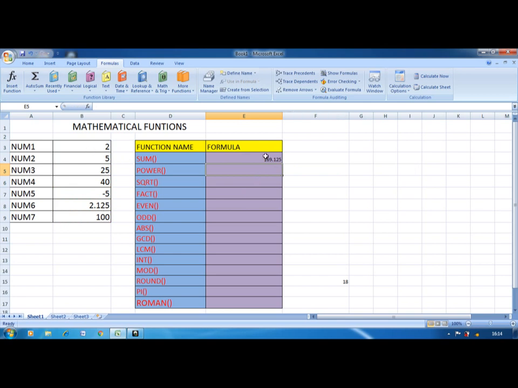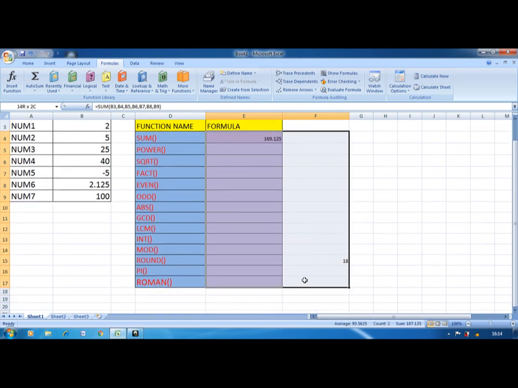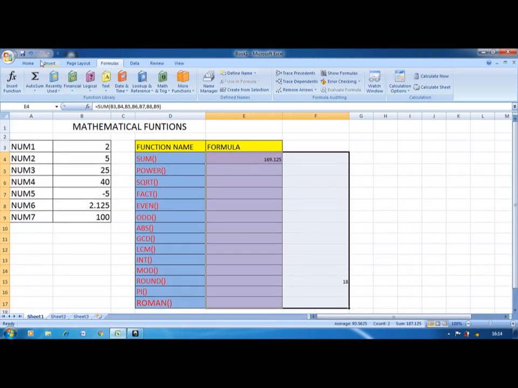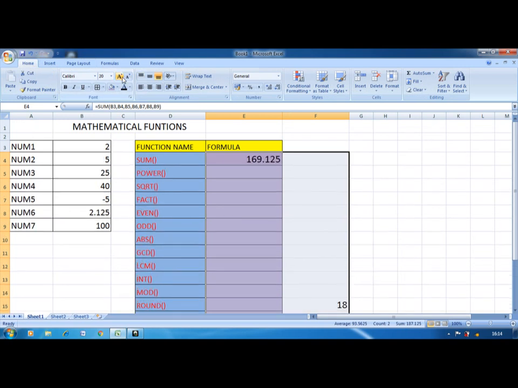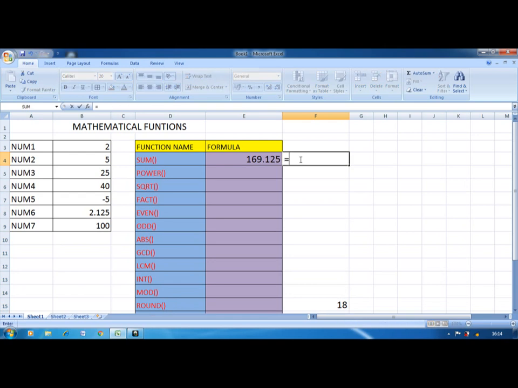This is one way. Second way, we can write the same function in a different way: equal to SUM, opening brace, B3 to B9. In this way also you can write the function. The answer will be the same, 169.125.